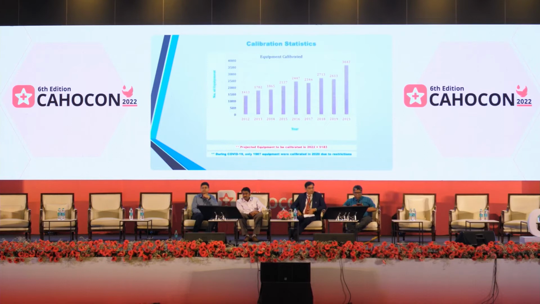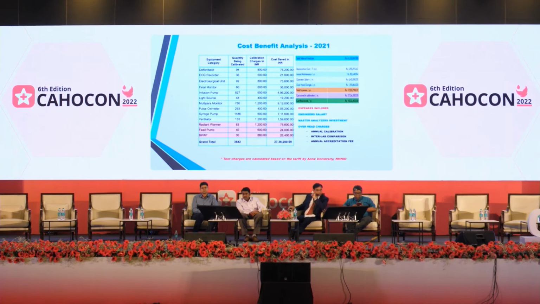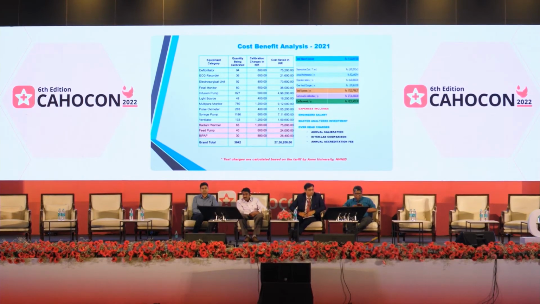So we got NABL. Is there any benefit in that? We analyzed the cost benefits. We took the number of equipments calibrated from 2012, and the cost benefit was analyzed for 2021.